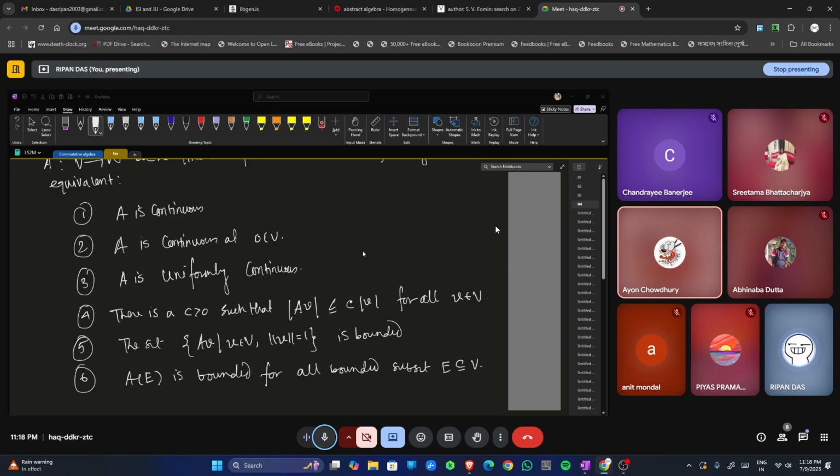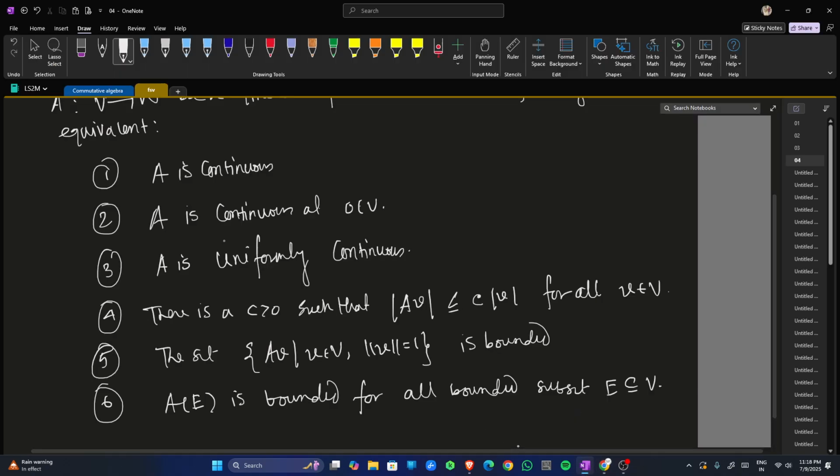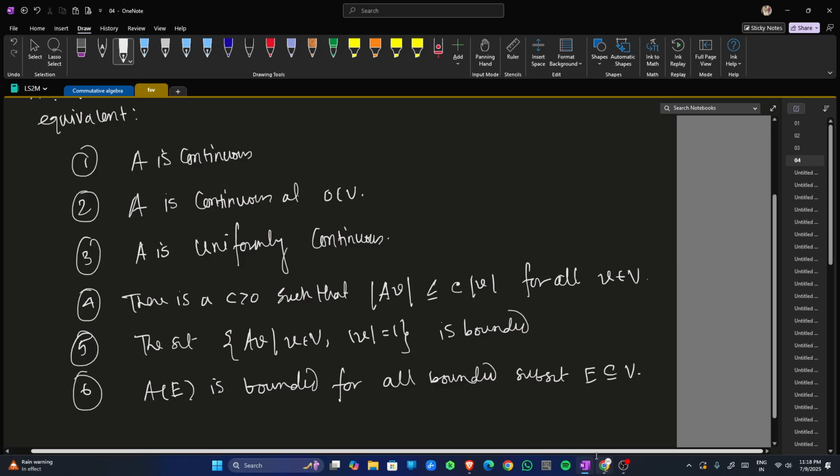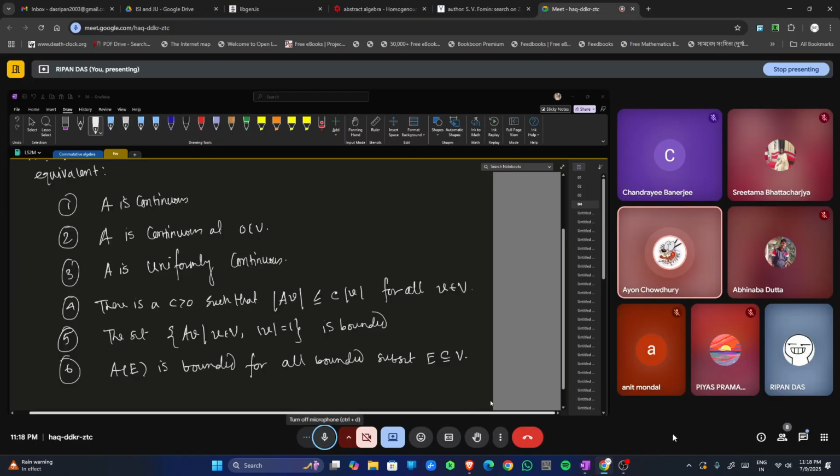Take any vector in E and bring it down to the unit sphere. The distance from 0 would be less than some M, where M is the radius of the big ball centered at 0 which contains E. And we also know that the norm of Av is bounded. So that's how we know. So 1 implies 2 is trivial, and 4 if and only if 6, prove that.